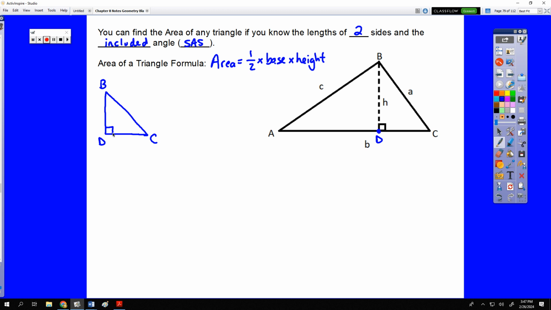Now in that triangle, we know that the hypotenuse, which would be opposite angle D, which is the right angle, is A. And we know that H is the length of BD.